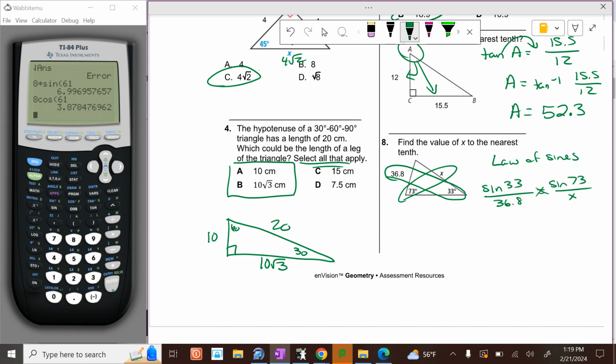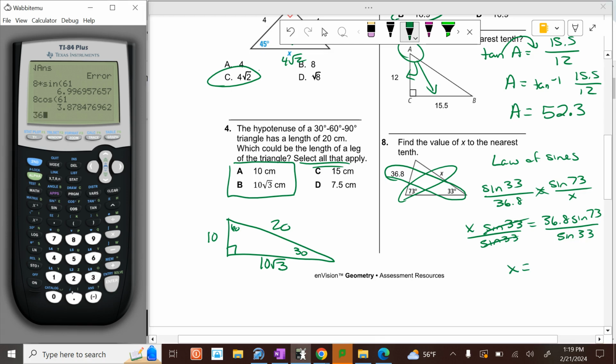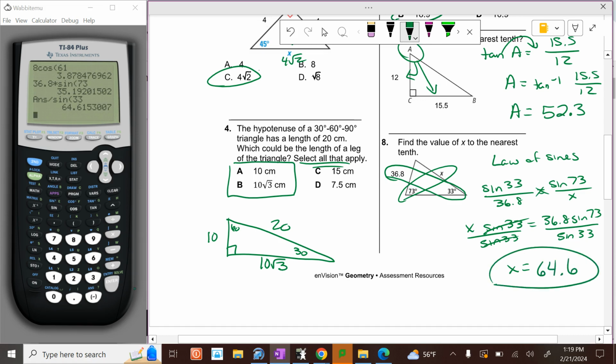So cross multiply, x sine of 33 equals 36.8 sine of 73, and divide by the sine of 33. X equals 64.6. Is that what you guys got?